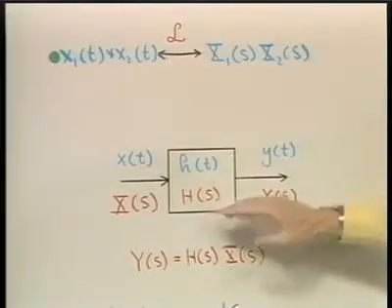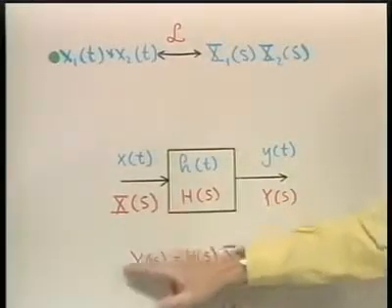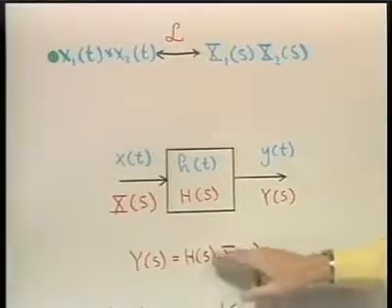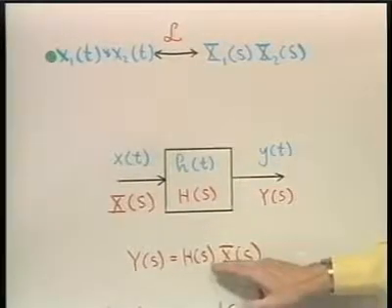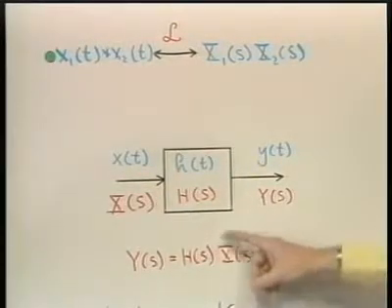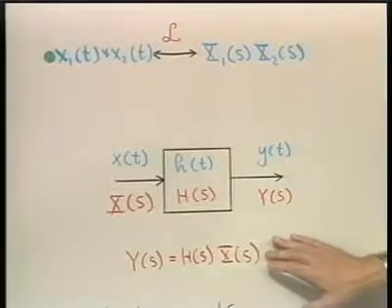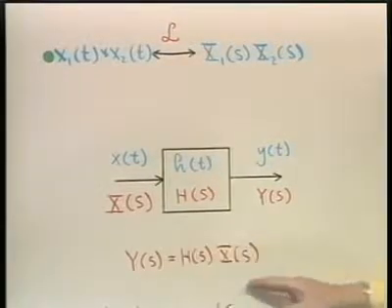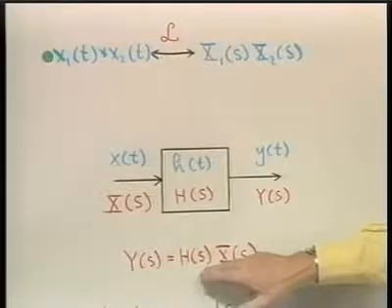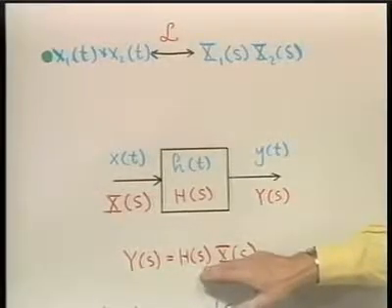In the Laplace transform domain, the Laplace transform of the output is the Laplace transform of the impulse response times the Laplace transform of the input. And again, this, of course, is a generalization of the corresponding property for Fourier transforms.